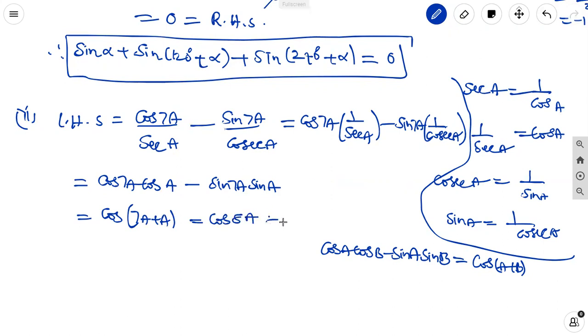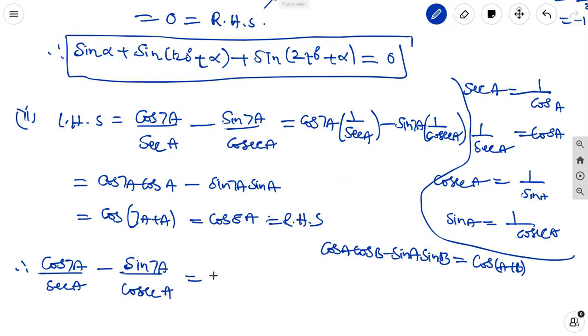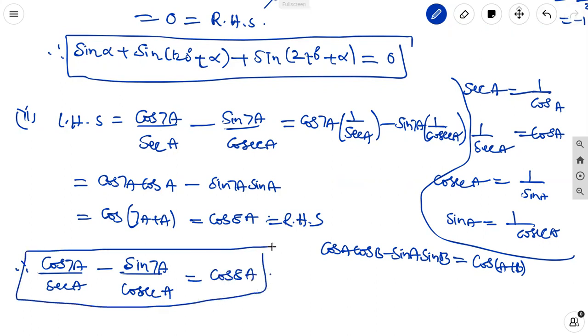So it is the RHS. Therefore, cos 7a by sec a minus sin 7a by cosec a is equal to cos 8a. This is the second one.